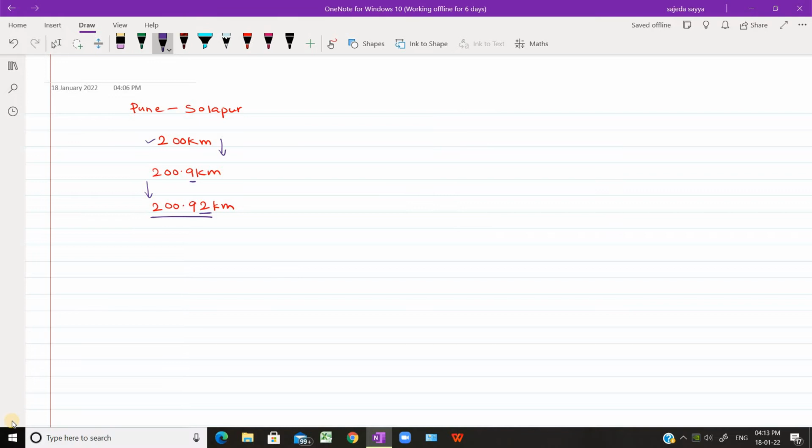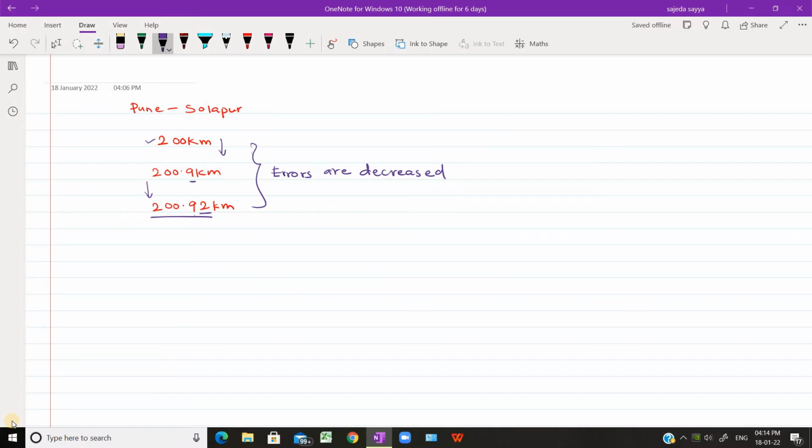The tolerance has decreased, or we can say the error in the measurement of this distance has decreased. So the more accurate answer, the distance of my room from Pune, from this class to that room, is 200.92 kilometers.